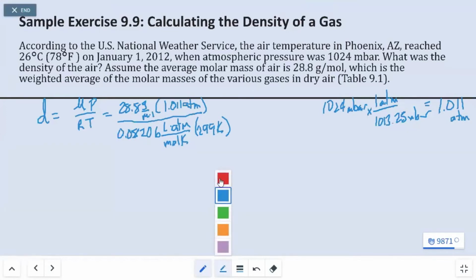So if I follow through here, atmospheres cancel, Kelvin cancel, 1 over moles cancel. All that is left is grams in the numerator and liters in the denominator. 28.8 times 1.011 divided by 0.08206 divided by 299 would give us three significant figures, 1.19 grams per liter.